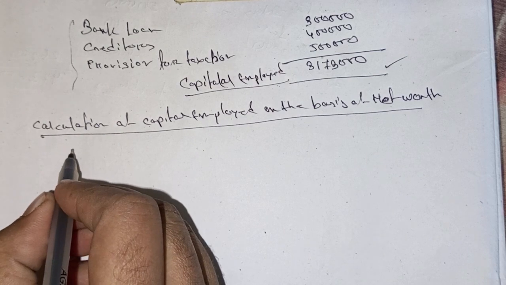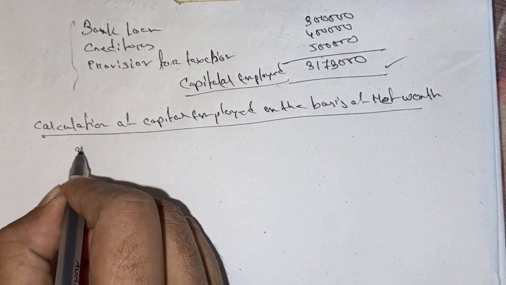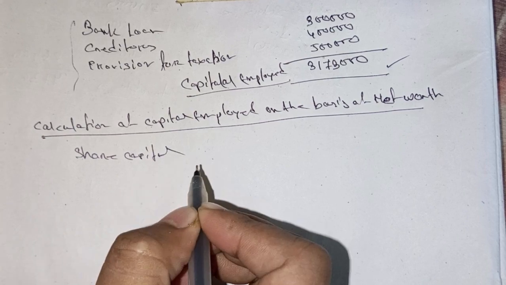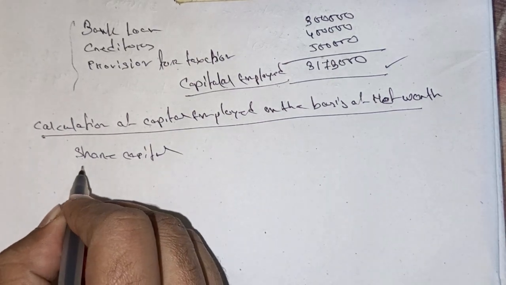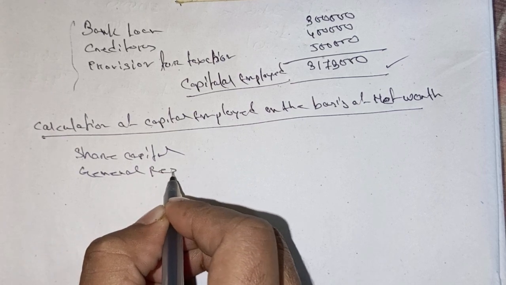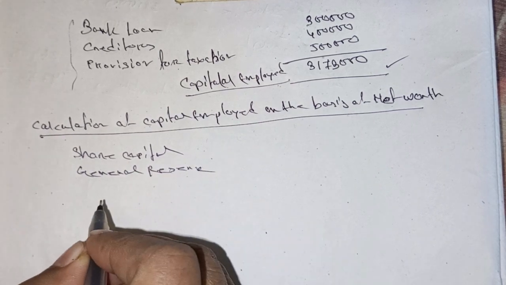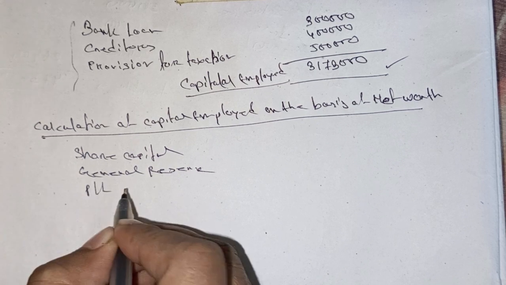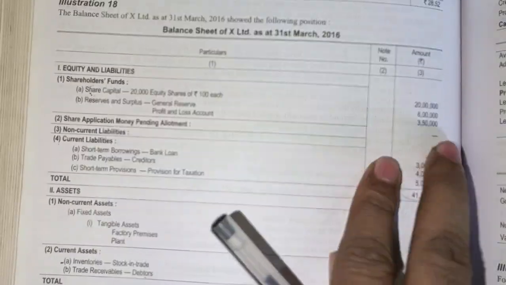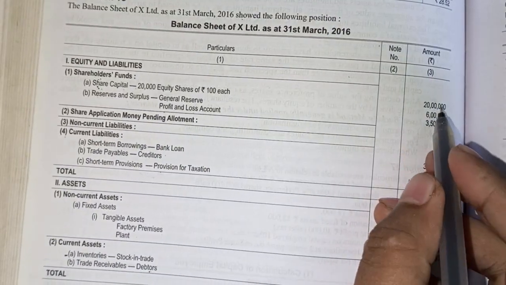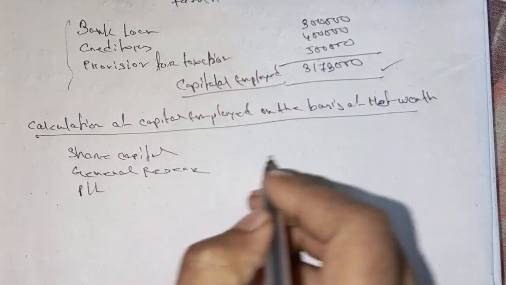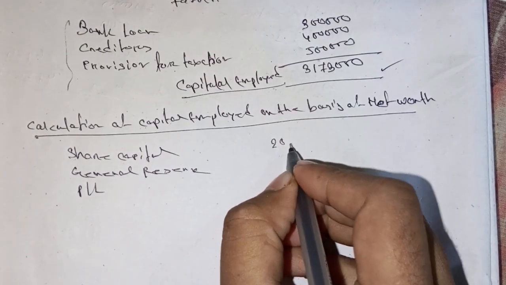So write it here: share capital, then general reserve, and another is profit and loss account. Consider how much amount is given here: 20 lakh, 6 lakh, and 3 lakh 50,000. Write it here as it is.